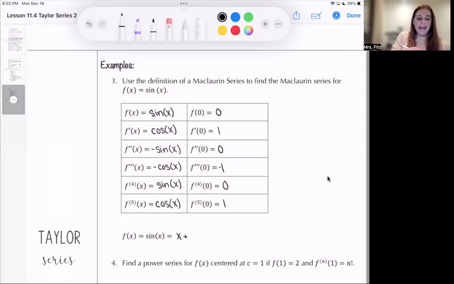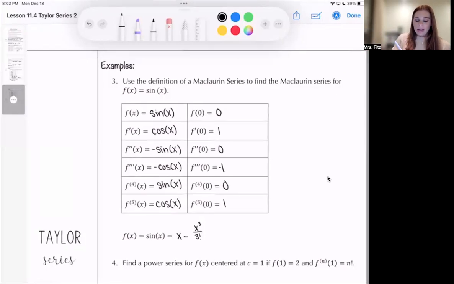But then it's plus a negative, so I'm going to write it as minus. And then we have 1 times x cubed over 3 factorial. Then it would be plus 0 times x to the 4th over 4 factorial. That's gone. And then plus x to the 5th over 5 factorial. It's because it's times 1. Now, because this is a series, this is going to keep going.